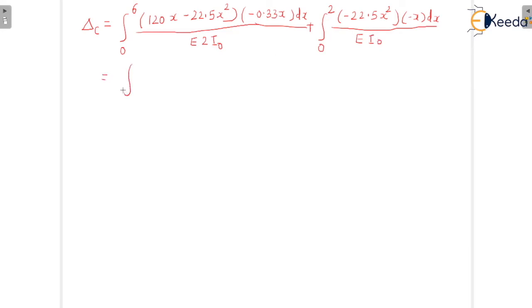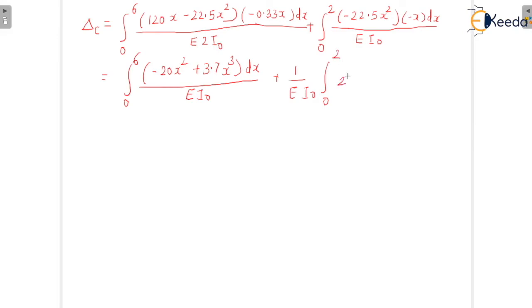When we solve this, we come to this part, 1 by E I0, 0 to 2, 22.5 x cube into dx.